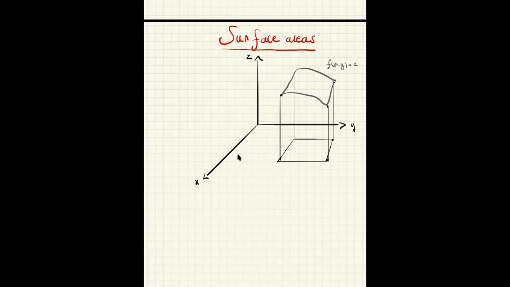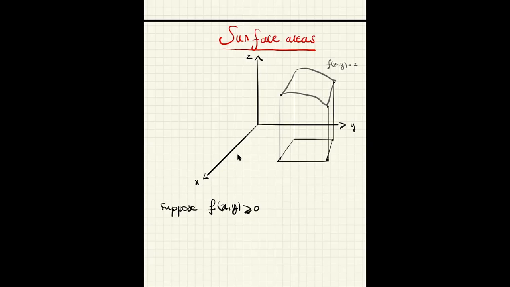Okay, so let's suppose I have a positive function. The reason we suppose it's positive is that we don't want to deal with anything that will make our life more complicated, like how to deal with z negative. And we have a rectangle here.